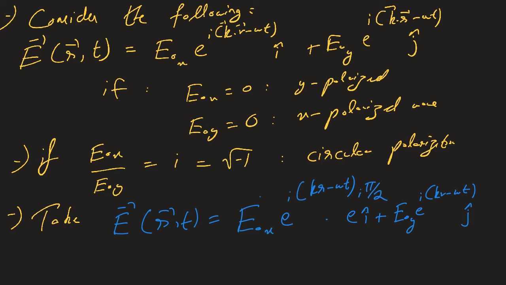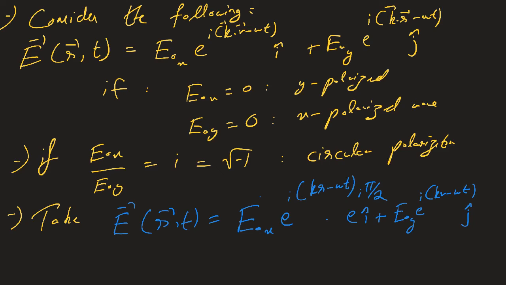We essentially have a plane wave very similar to the plane wave we had before, but the difference is that in the x component we have added an additional factor of e to the i pi by 2. Why e to the i pi by 2?